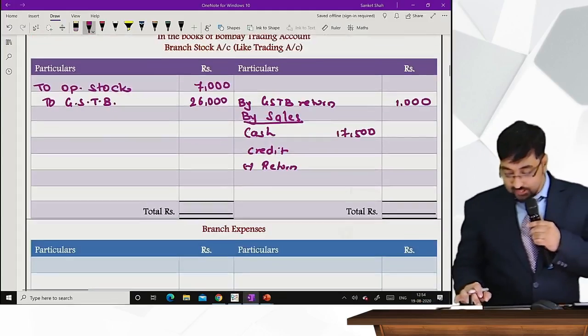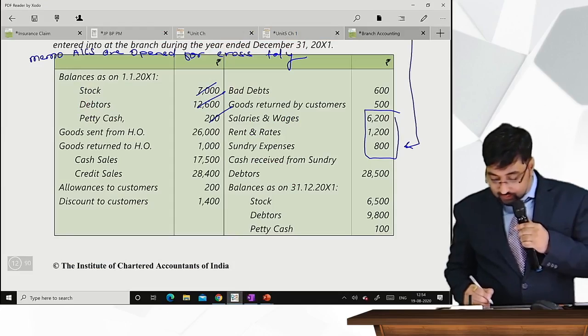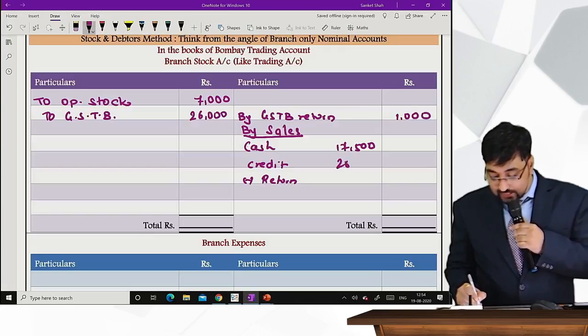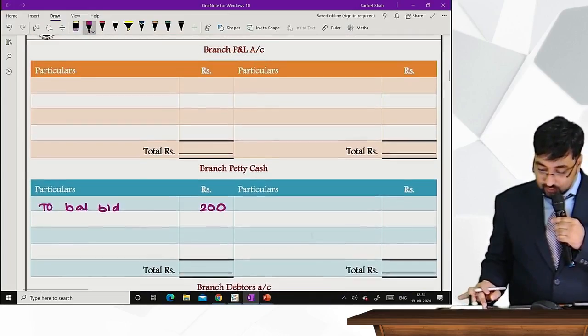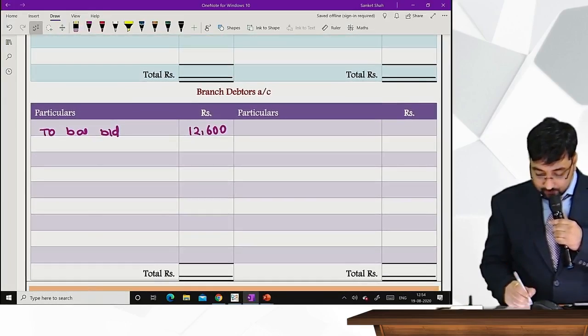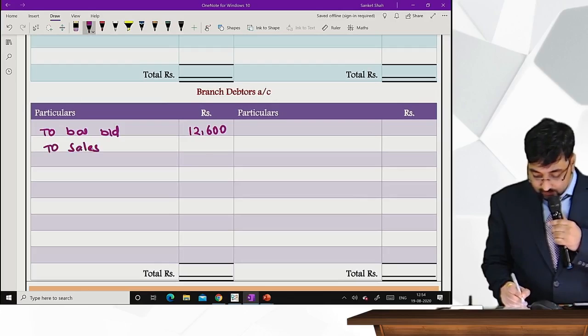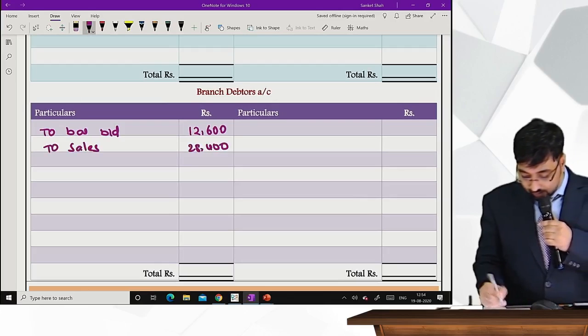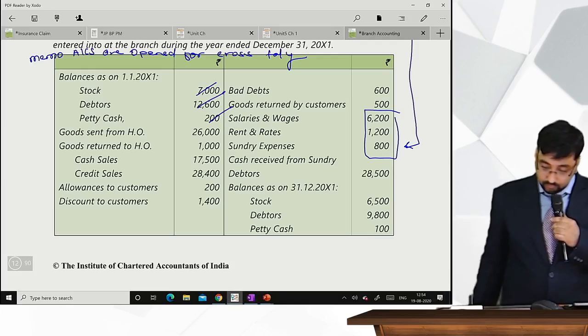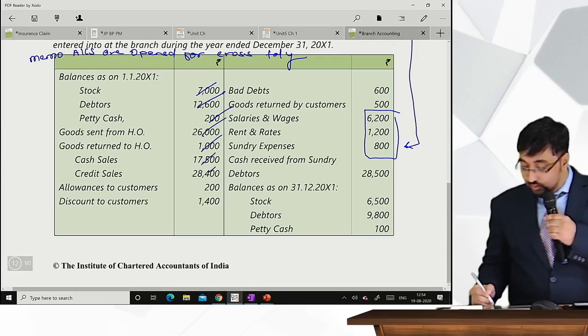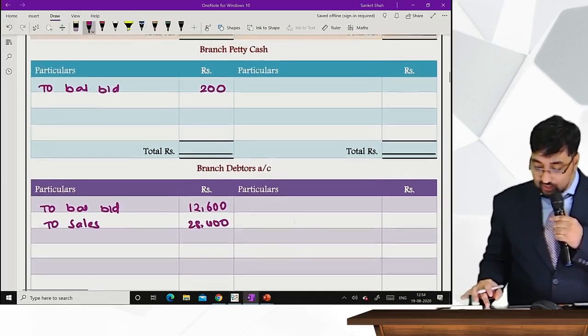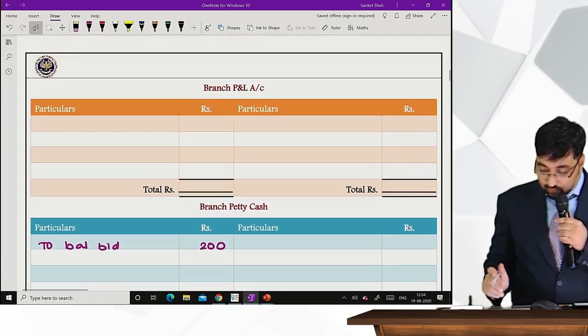Next one, credit sales, definitely two effects because entry is debtors account debit to sales account. So debtors account will give debit, debtors account debit to sales, 28,400. Allowance to customer, allowance is non-cash loss. Allowance is not cash expenses.